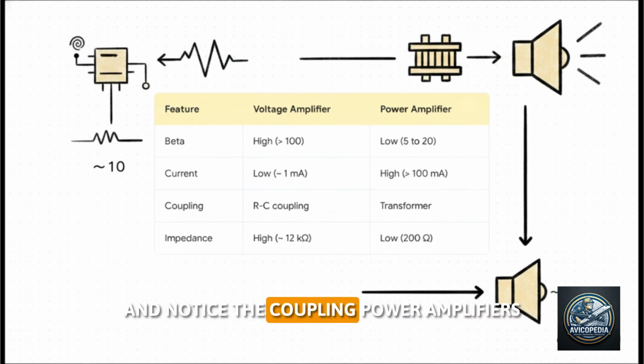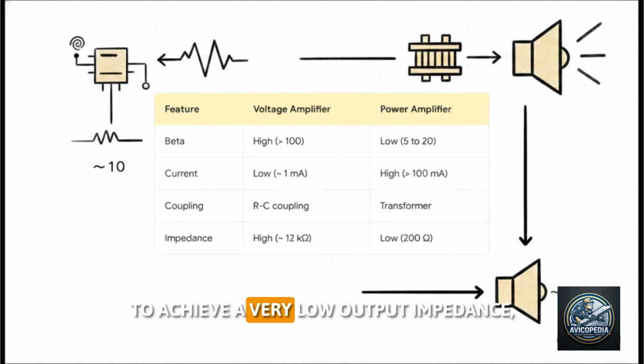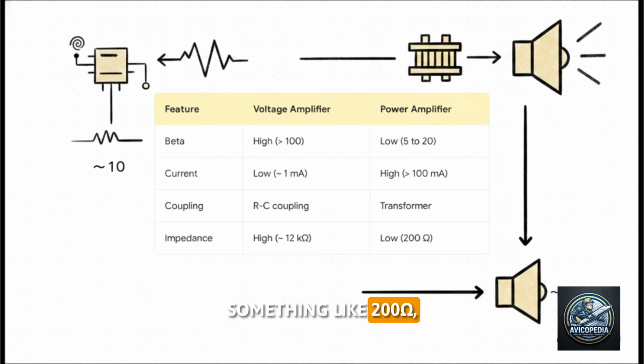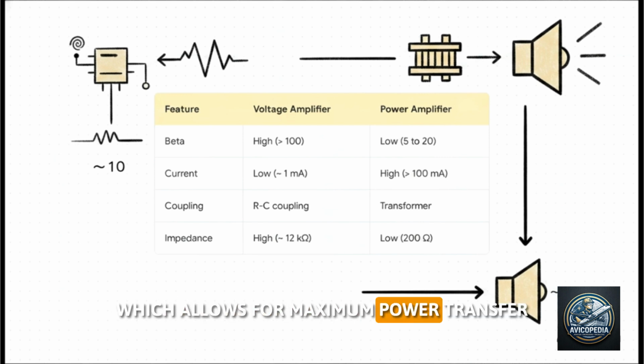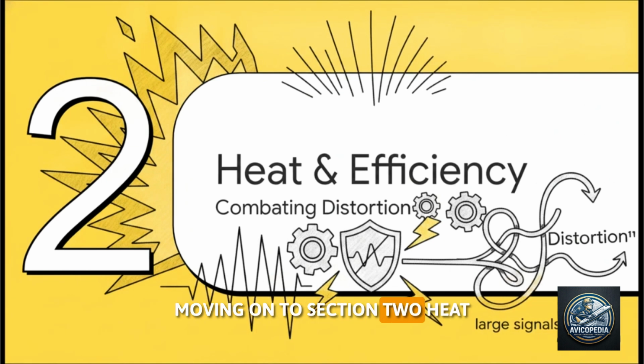And notice the coupling. Power amplifiers almost invariably use transformer coupling. Why? To achieve a very low output impedance, something like 200 ohms, which allows for maximum power transfer right to the speaker.